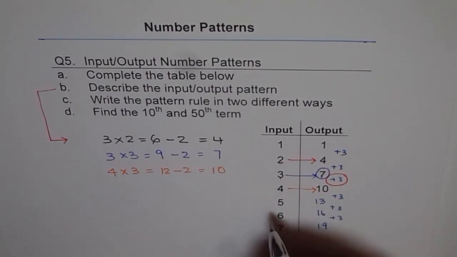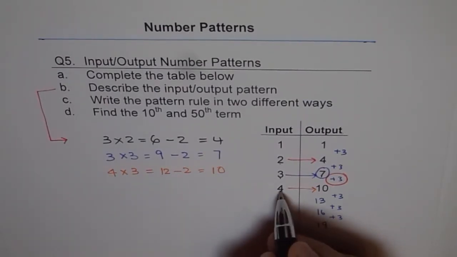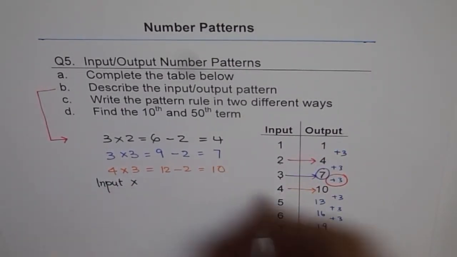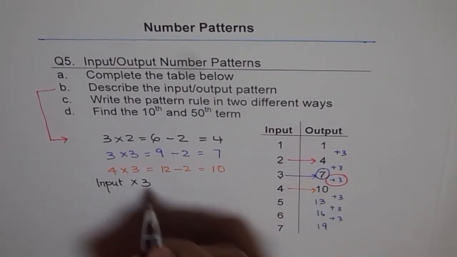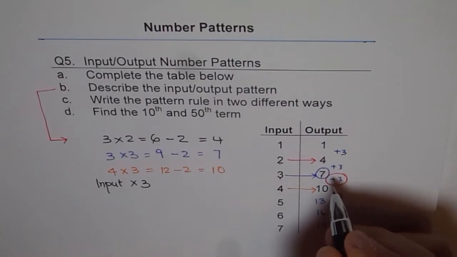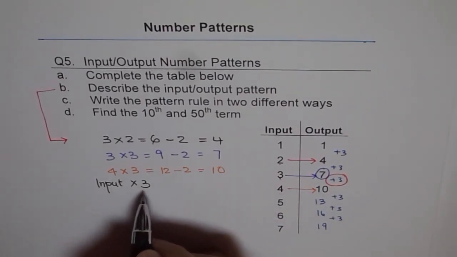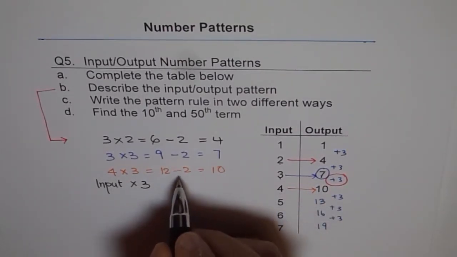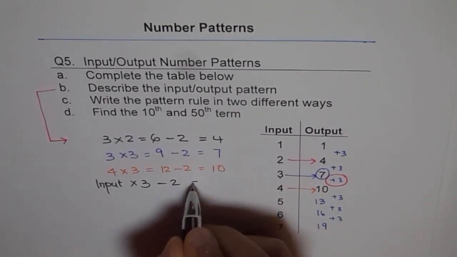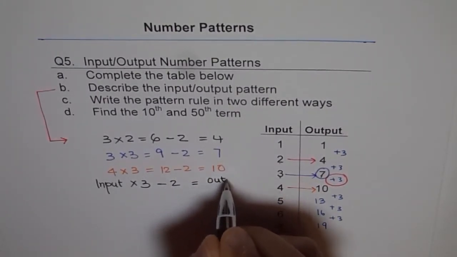And therefore, I can write down now my formula. The formula is input, whatever input is, this input numbers times the magical number 3, which is called common difference. This 3 is called common difference. So magical number 3 minus 2, which we found by doing so many times. So that gives us what? Output.